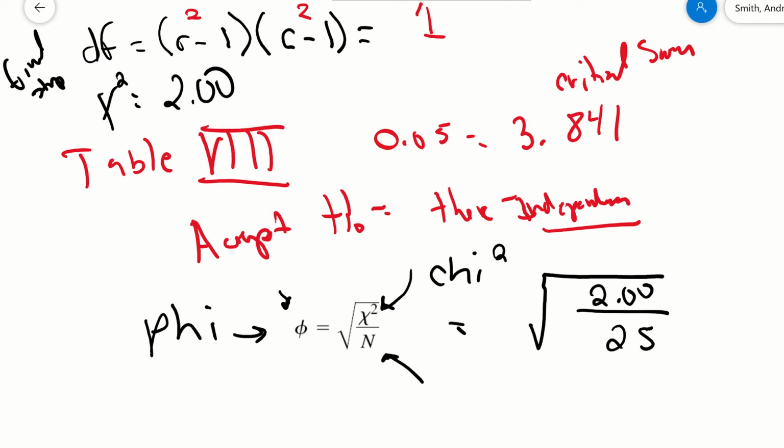And that gives us 0.08. And let's take the square root of that. And that gives us a phi of 0.28. So what does a phi of 0.28 mean, right?